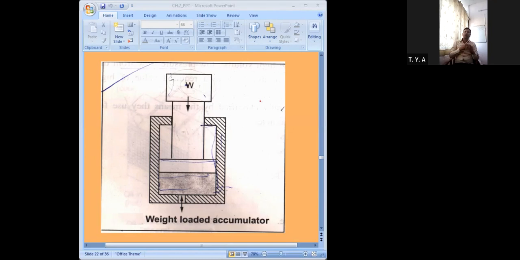Then they are not portable, and due to that it cannot be used for mobile applications. Mobile application means movable devices.